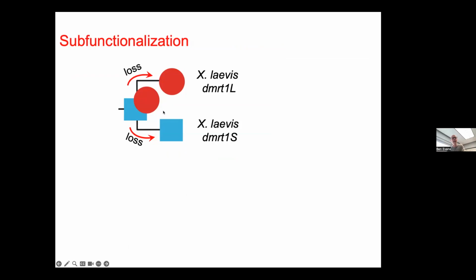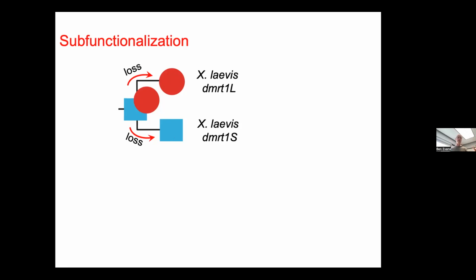The idea is that in the ancestor, you've got two distinct functions indicated here with a square and a circle. Then through degeneration of subfunctions, you end up with divergence in the descendants. For example, L could have lost the blue square function, and S could have lost the red circle function, which leads to divergence in functions among homeologs.